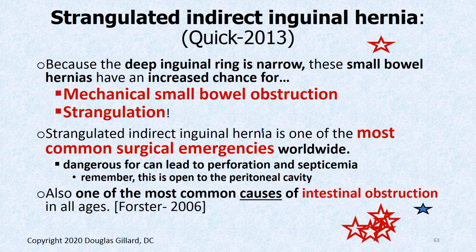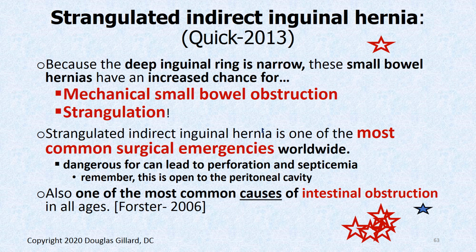Now these can get strangulated. That's the problem with these things. Because your intestine is pushing through that little tiny deep inguinal ring, the walls of the intestine can be compressed enough where the circulatory system is destroyed, and the tissue will become ischemic, and it can rupture. It's inside the peritoneal cavity still, so you can get peritonitis leading to septicemia from this.